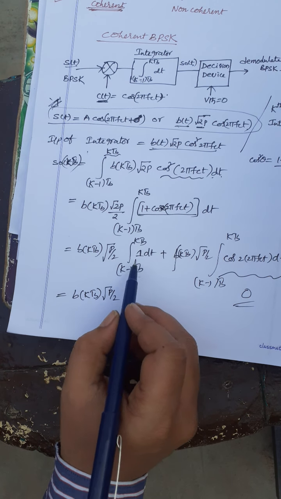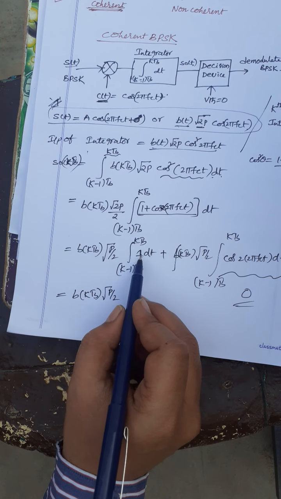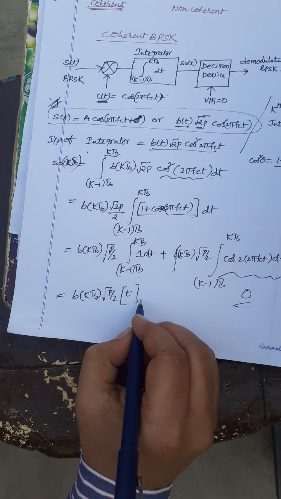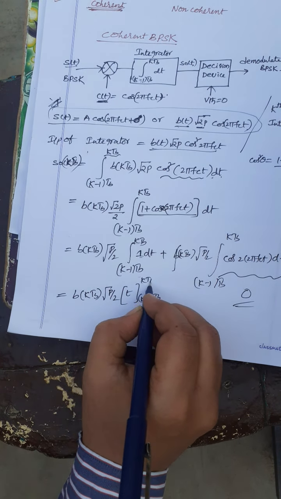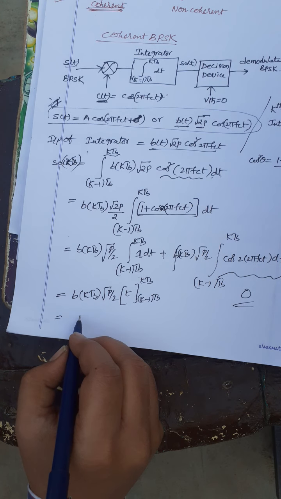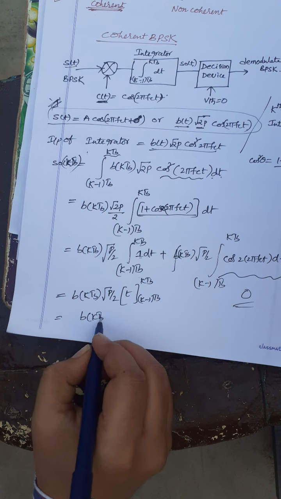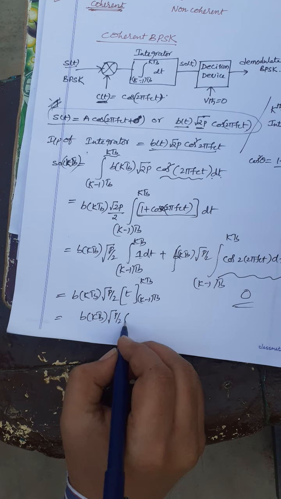By integrating dt you will get only t. By putting t equal to KTB and the lower limit k minus 1 TB, and substituting here, you will get B of KTB under root p by 2 times TB.